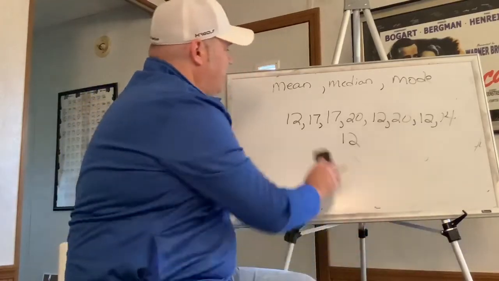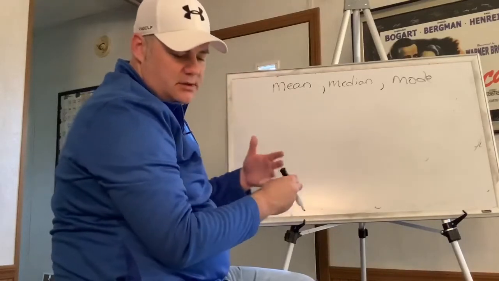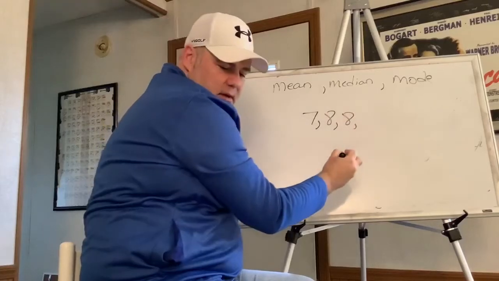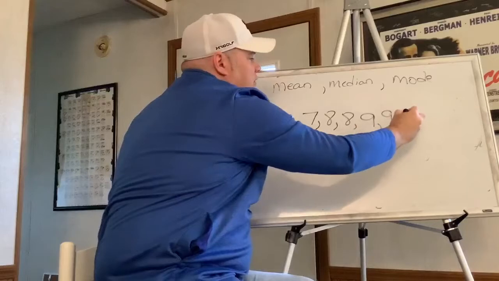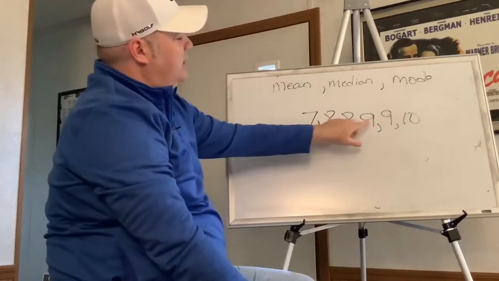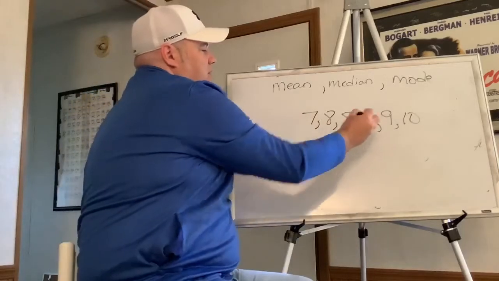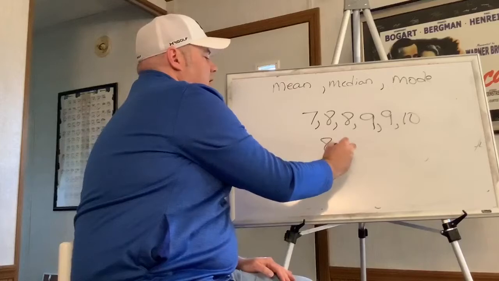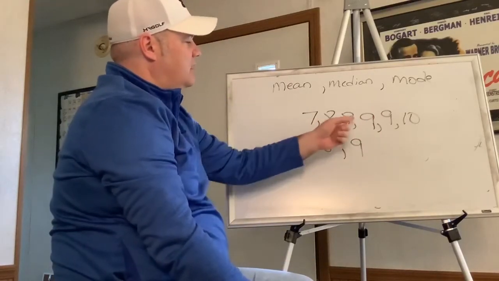A couple things can happen with mode. Those examples were straightforward, this one's the most, but you could have more than one mode. You say, well, I thought there had to be a most. Well, if you have two numbers that repeat twice, but there's not a third one that repeats more, so I have two 8s and two 9s, then I have two modes, 8 and 9. They're more than the 7 and 10, but they're the same as each other.